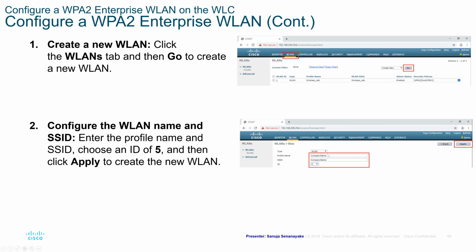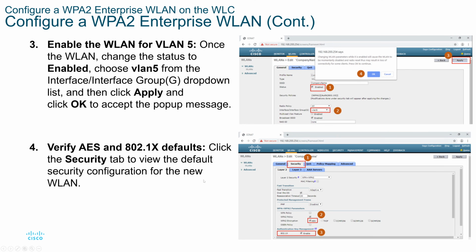In this case it is company name and company name, and we're going to give the ID of 5, because we are using VLAN 5. This ID doesn't really have a major impact on which VLAN number you use, but in this case we're going to use 5 to keep it consistent. Next, we're going to click the Apply button on the top right-hand corner right here, and that will get you to the next page.